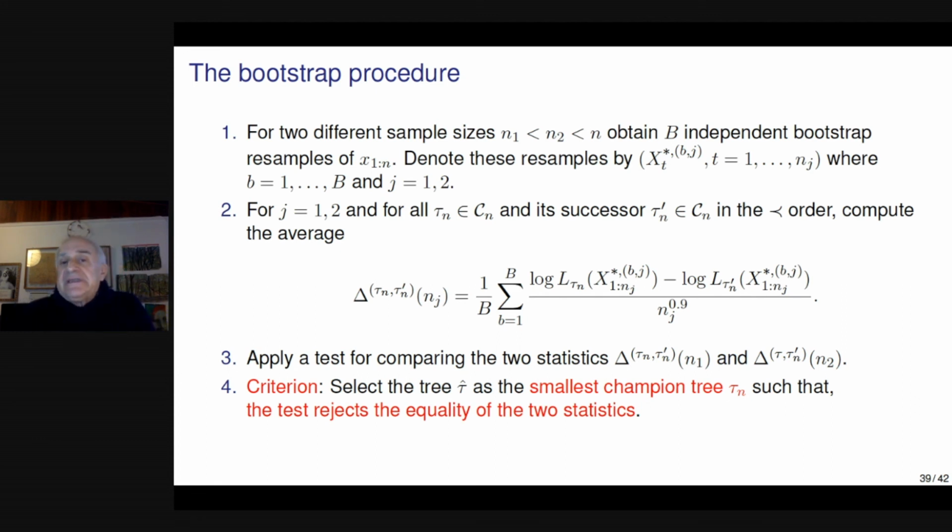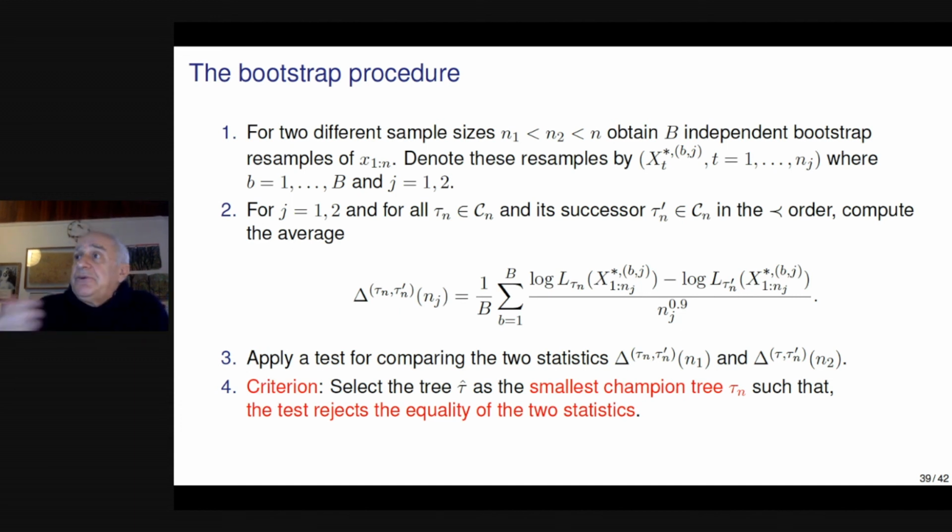So we know that this difference is of the order of n before we get in the right context tree, and it is smaller than log of n after. So if you divide by n to the power 0.9, this is very big before we get in the right context tree, because the numerator will be of order n, divided by n to the power 0.9.